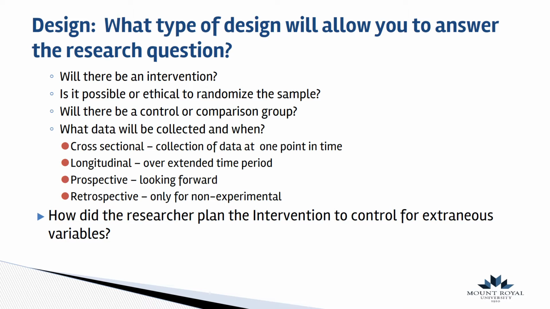Is it possible or ethical to randomize the sample? Often in healthcare, that is one of the issues that causes us to choose a quasi-experimental design over an RCT. Will there be a control group or a comparison group? And what data will be collected and when?